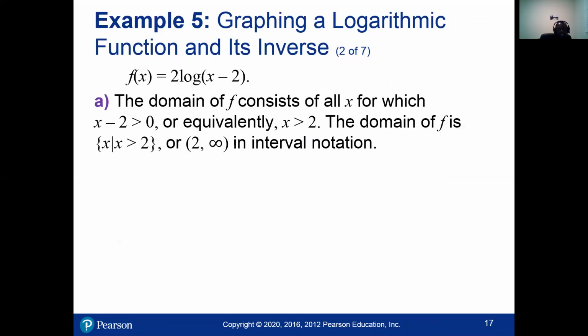All right. So first, this is the function. What's the domain? Like we said, take x minus 2 and set up the inequality greater than 0. And so you take x minus 2 greater than 0, and this gives me x is greater than 2.